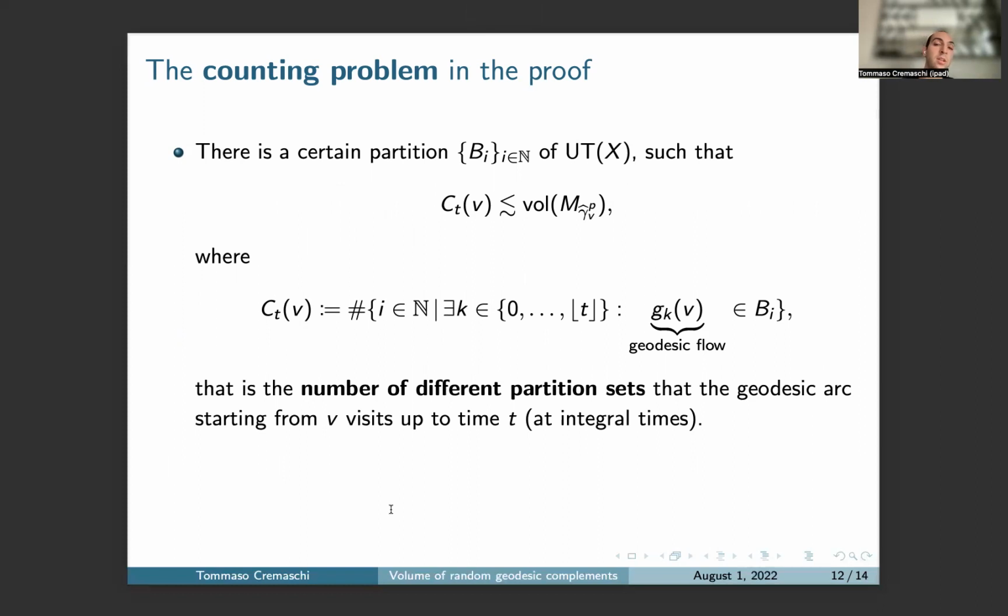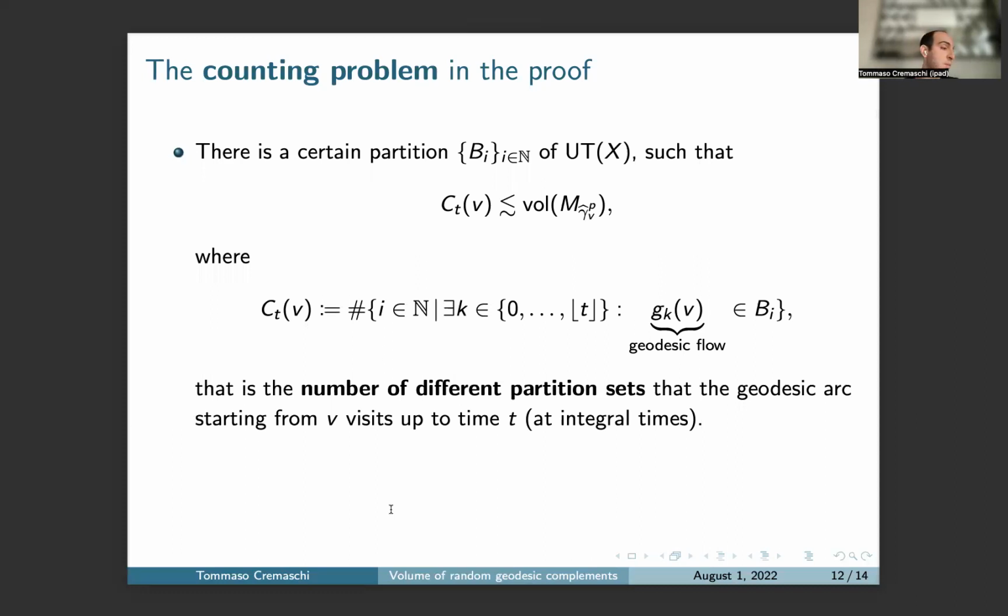But then you get that the volume is at least this C_T(v) kind of number, where C_T(v) counts the integer times: you do one step of the geodesic flow, 2 steps, 3 steps, and you see which set B_I you are in. So if for the first 15,000 steps of the geodesic flow you're always in the same B_I, then C_T(v) is 1. So this is exactly the number of partition sets that you visit by flowing up to time T from the vector v.